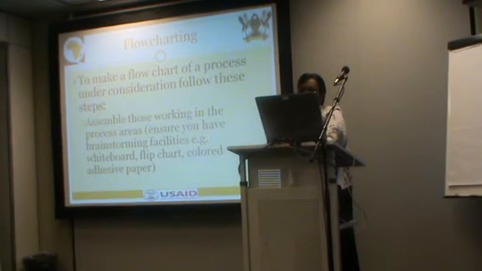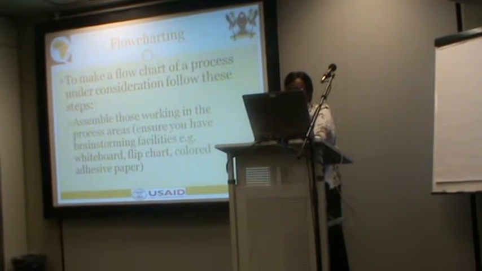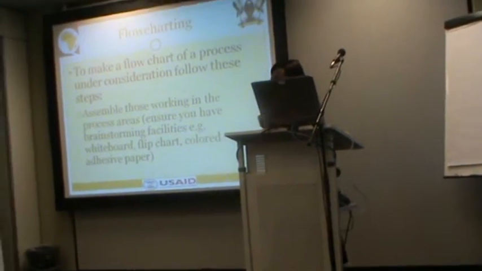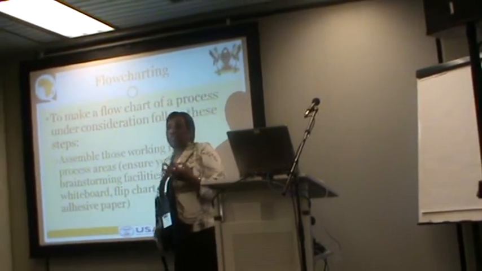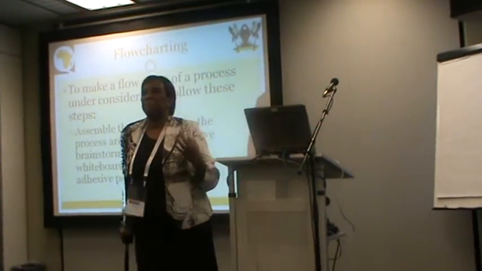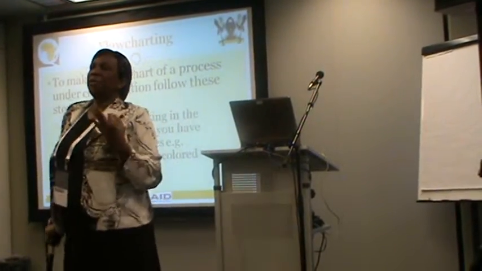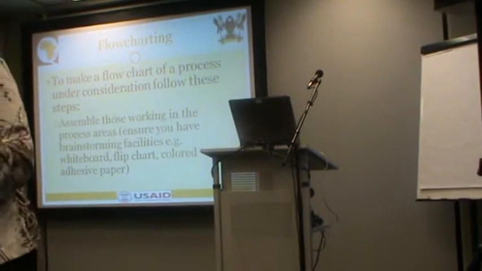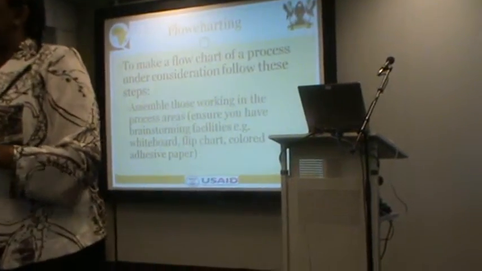So how do we make a flowchart? The most important thing about a flowchart is to get those who understand the process. If I ask you to make a flowchart of something that happens in the Regional Center for Quality of Healthcare where I work, you'd be totally lost.